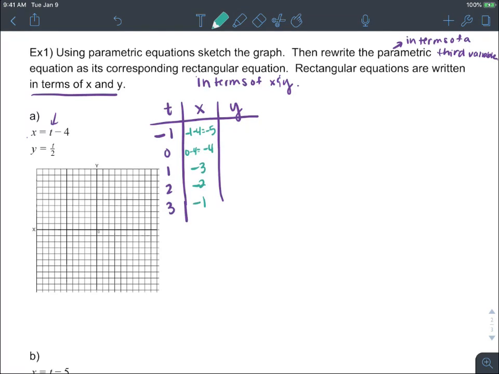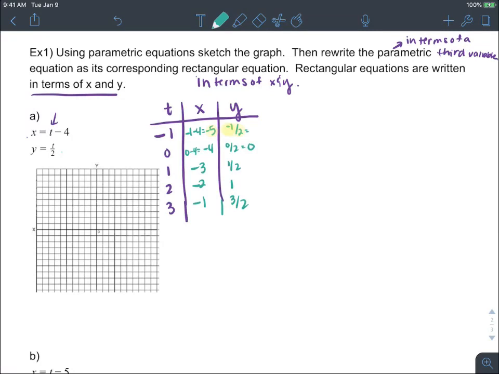Now let's go ahead and graph in the y direction. So this would be -1 over 2, which is -1/2. Okay, and then 0 over 2, which is 0, and then +1/2, 1, and 3/2. Okay, so we go ahead and we graph these ordered pairs, -5, -1/2.